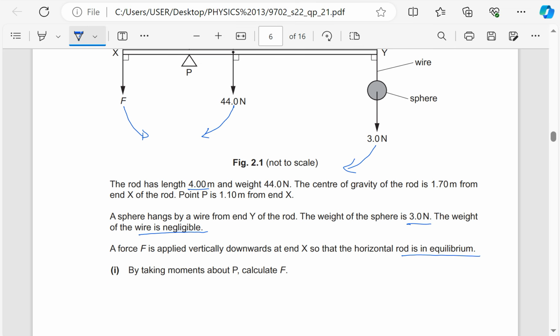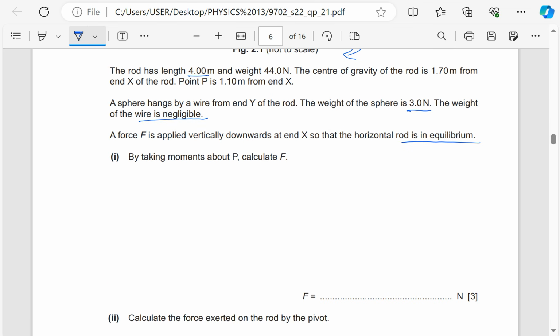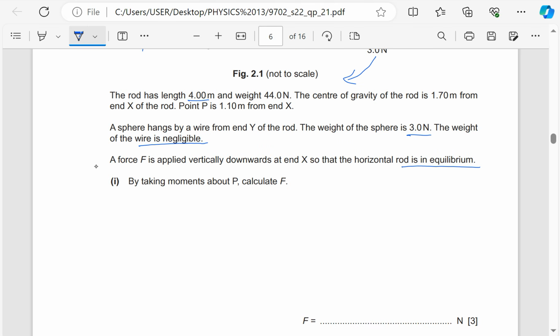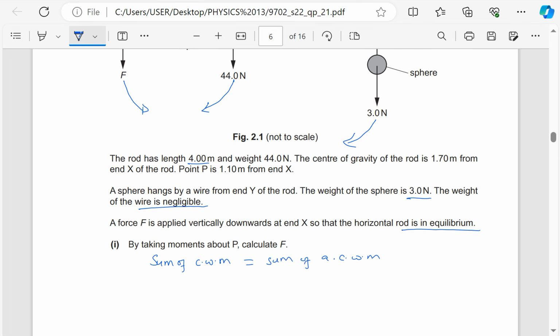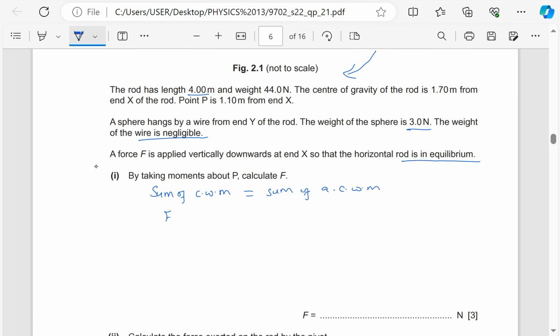So for equilibrium, the sum of clockwise moments should be equal to the sum of anti-clockwise moments about the same point. So for anti-clockwise, we have F. I will just swap the sides.